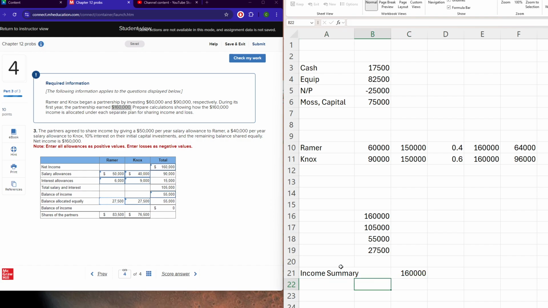If you don't, then this is just going to confuse you, I guess, but it's okay. And then the credits would be to those partners. So we got Raymer Capital and then Knox Capital. Okay, those are going to be credits. 83,500 and 76,500.